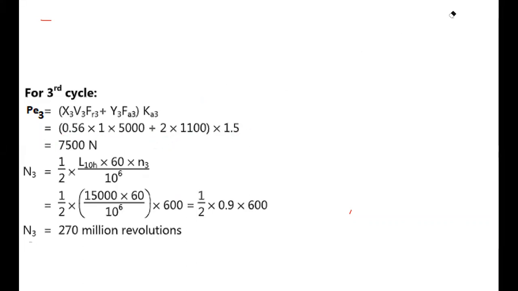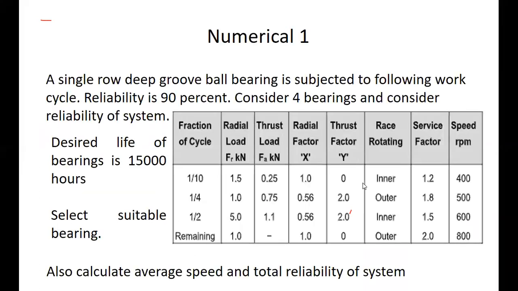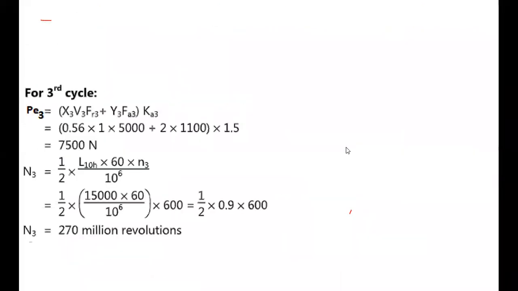The fraction of work cycle, as you can see here, is 1/2. So here it will be 1/2 into 15,000 into 60 divided by 10 raised to 6 into 3600. So we will get the answer as 270 million revolutions.